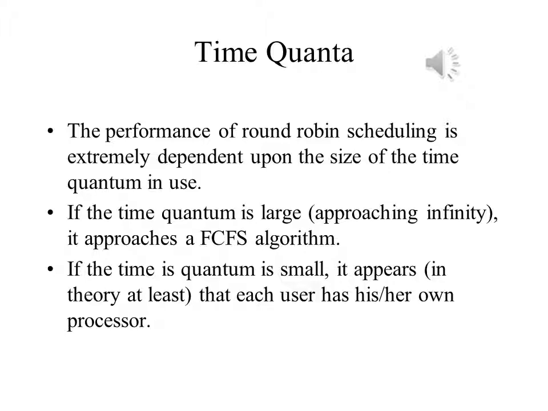If the quantum is too small, it can give the theoretical appearance of giving each user his or her own processor. But the problem is that the operating system's overhead begins to eat away at our available CPU time. It may seem like every job has its own processor, but that processor came out of the original PC with a 4 megahertz clock.